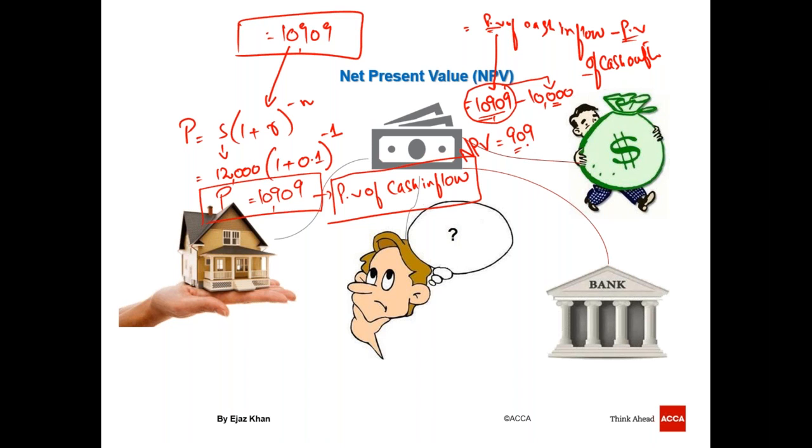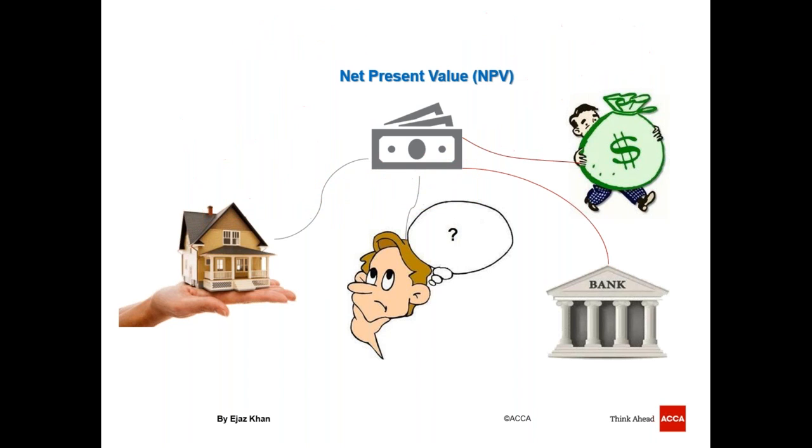So a positive net present value suggests that if the company accepts this project, it will gain from accepting the project. Is it clear? So this is the basic concept of net present value. From now onwards, do remember one thing. Whenever we calculate the present value of a particular cash inflow, it will tell us the maximum amount that a company should invest for a project.